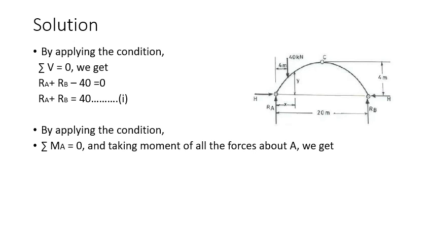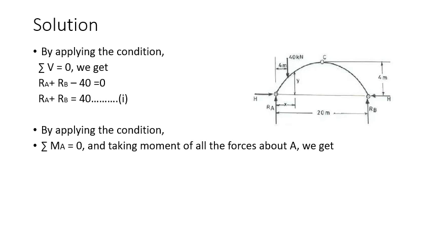Next, let's take the moment about the end A, because the 40 kilonewton force is nearer to end A. If you want, you can take the moment about the end B also. Here I am taking the moment about the end A, applying sigma MA is equal to 0. What is the moment?